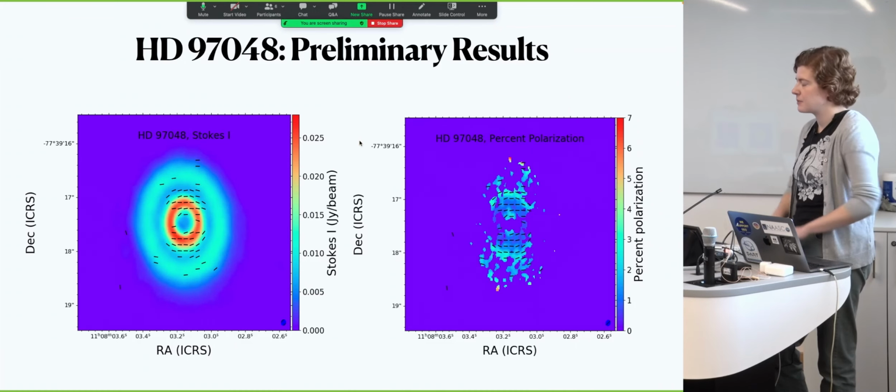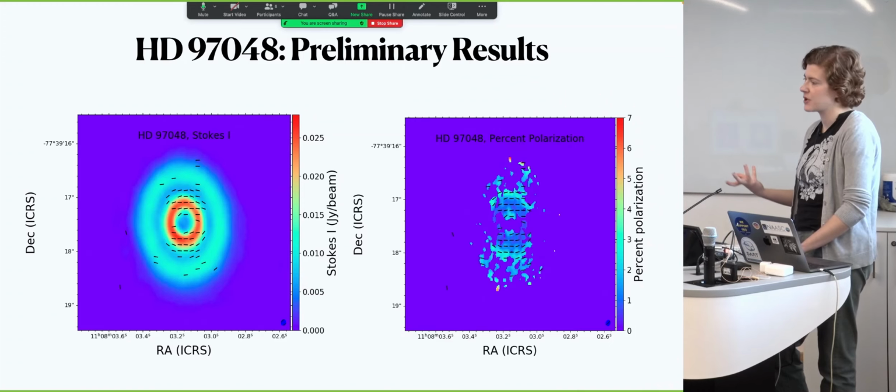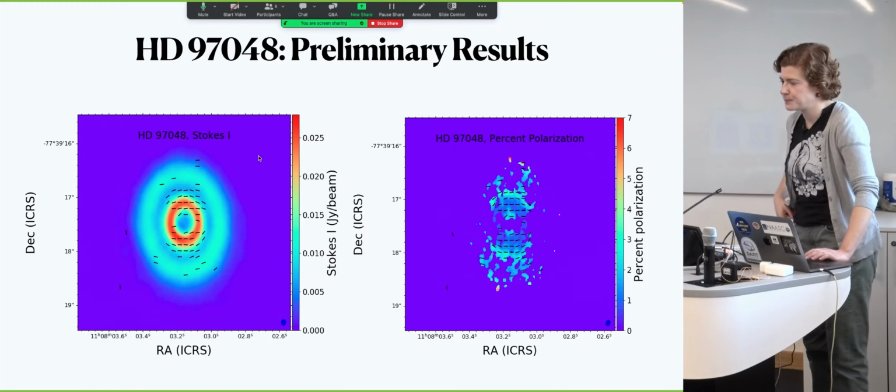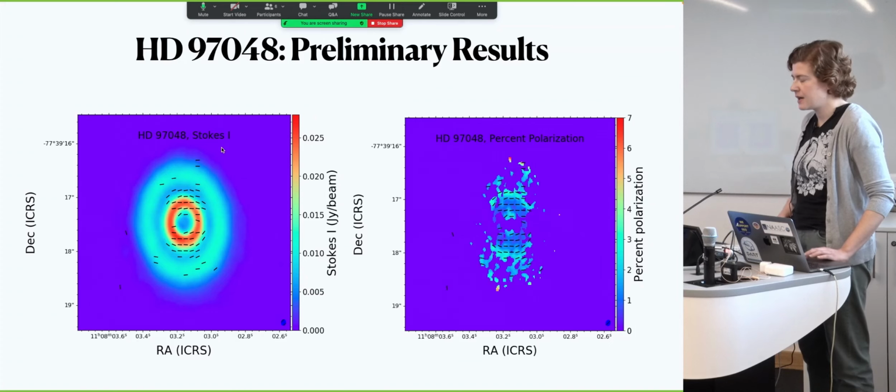A lot of the sources that I've shown before, in fact really all of them, were taken at a low enough resolution that we didn't resolve the ring and gap substructure in the disk. However, we've now got some polarization observations of HD 97048. These images show Stokes I and percent polarization with the directions of polarization plotted on top of them.